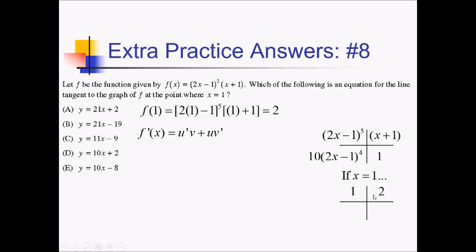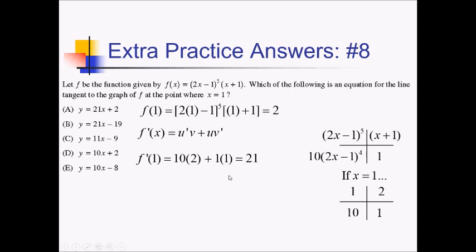Down here now we've got 2 minus 1, which is 1 to the 4th is 1 times 10 is 10. Using the ribbon to put it all back together, we have 10 times 2 plus 1 times 1. That is going to be 20 plus 1, so 21.